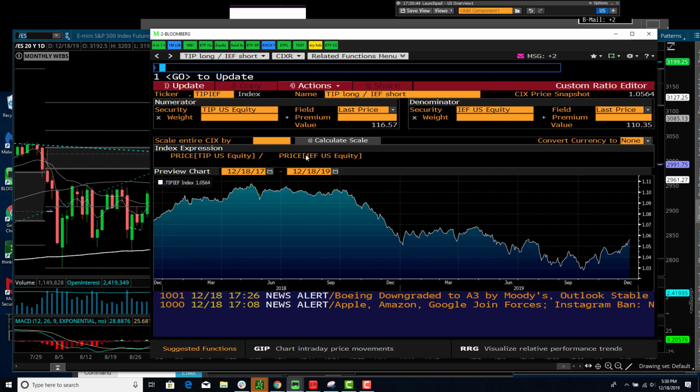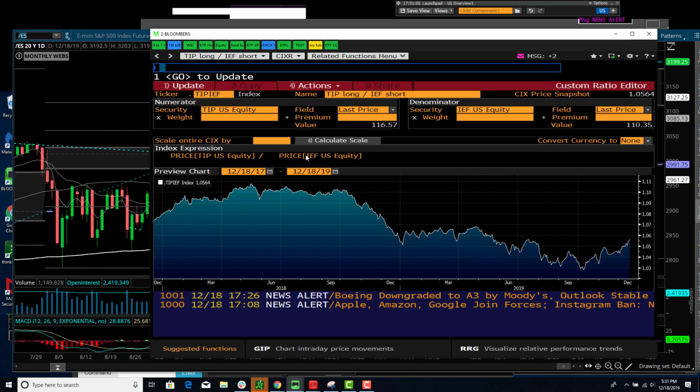So this is a chart, and I'll walk you through it. This is the TIP ETF, which is Treasury Inflation Protected Securities. It's more of an inflation play. When you're looking at this chart, what I think is necessary is to put this on top of treasuries.